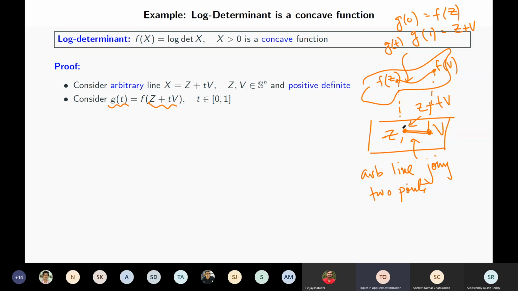So it could be somewhere here. If I do the vector addition, then it would be somewhere here.